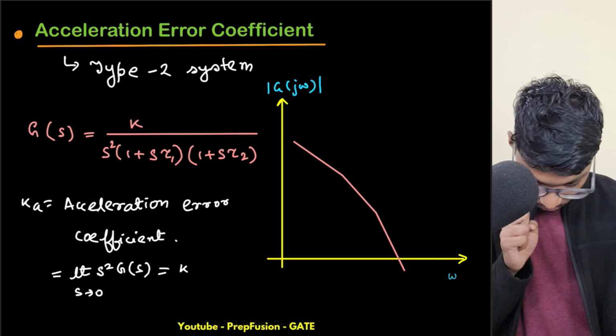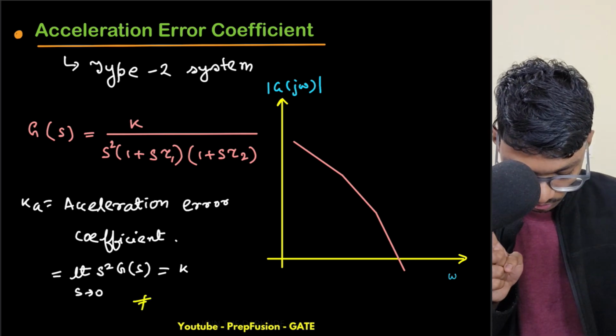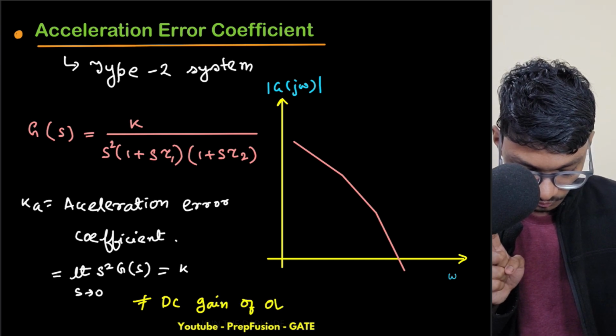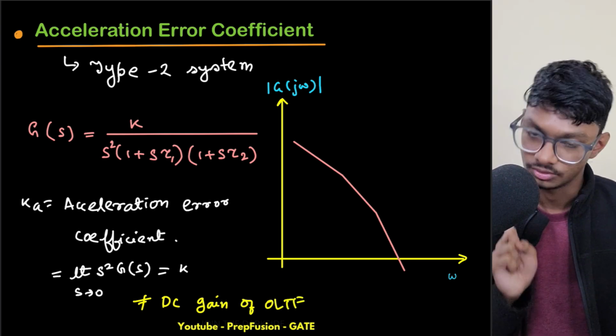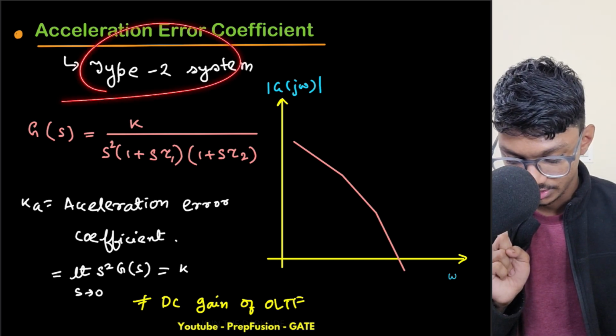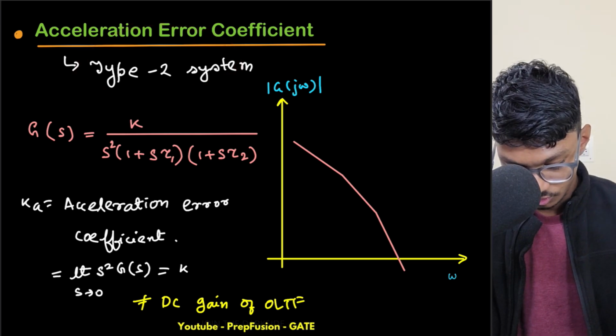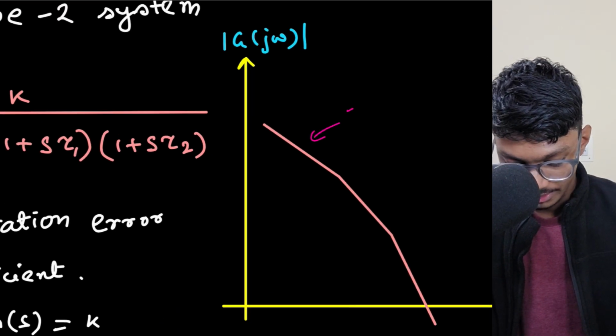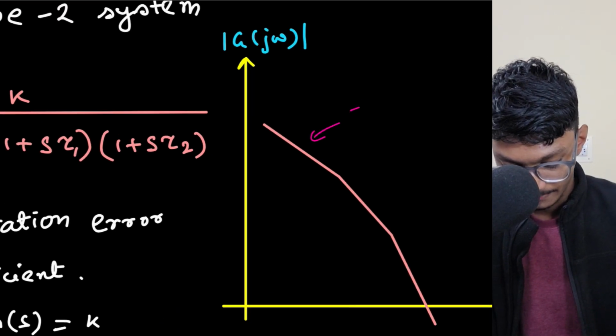But remember, this is not the DC gain of the OLTF. Remember this. This is the value for a type 2 system, and obviously we have a type 2 system here. So what is the slope here? Since it is type 2, the slope will be minus 40 dB per decade.